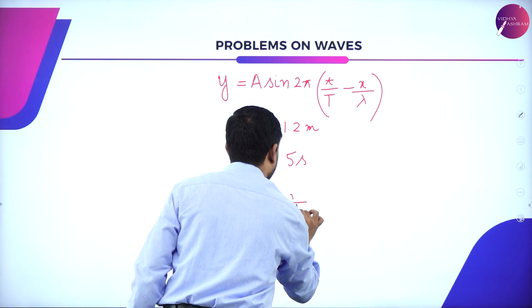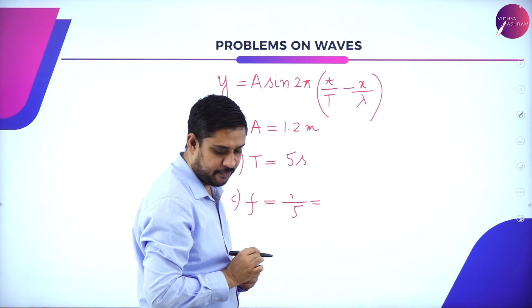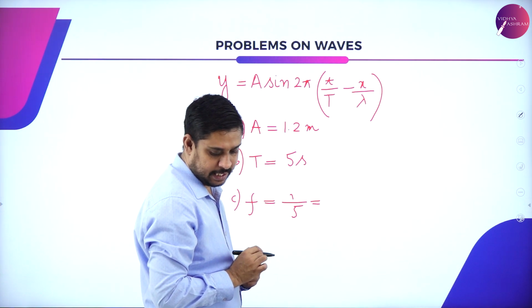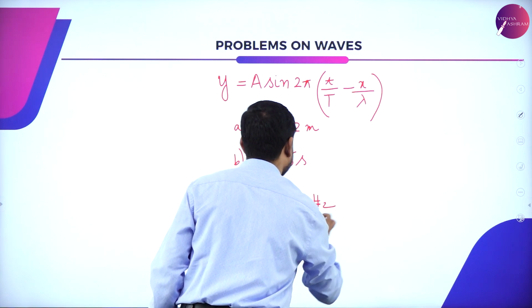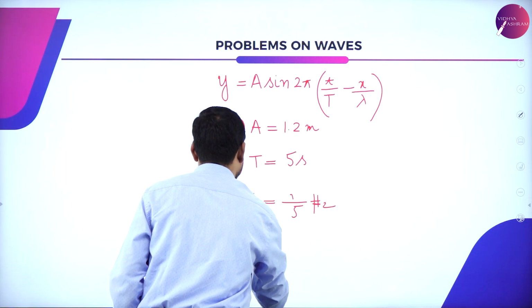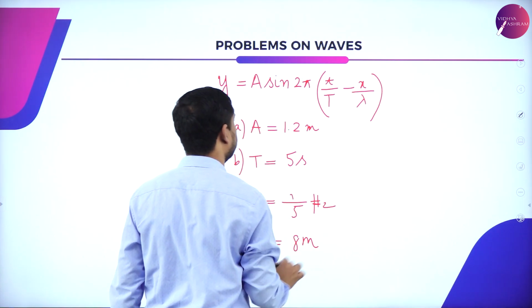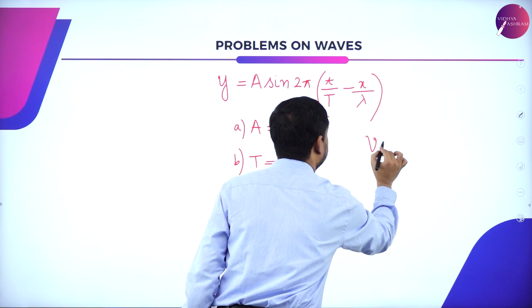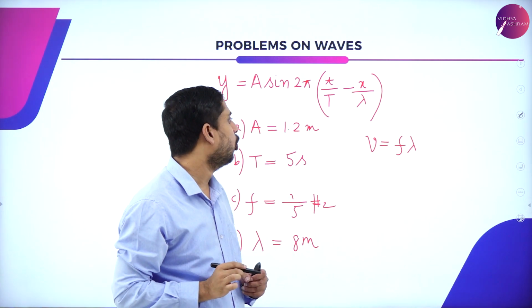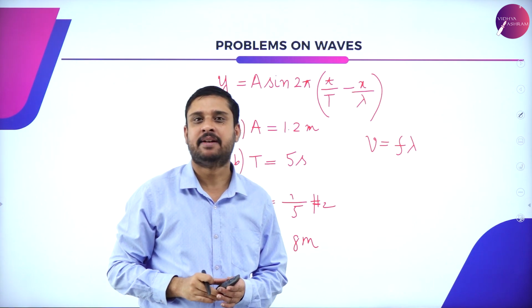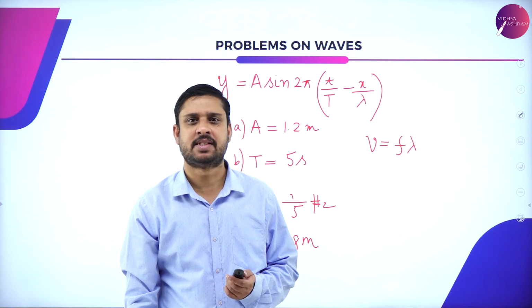Frequency is 1 by 5 hertz, and wavelength is 8 meters. With this, V is F lambda. Just substitute, you arrive at V. Again, with very simple expressions, students.